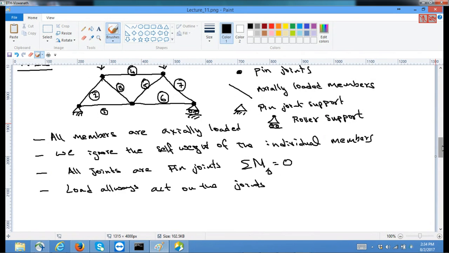So how do you model this using the finite element method? This is the first question: how do you solve or model this using FEM?